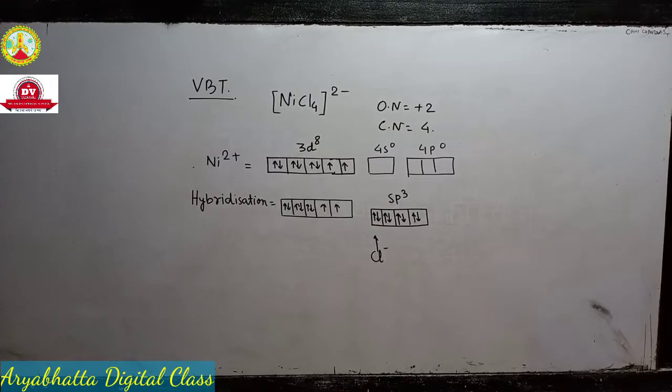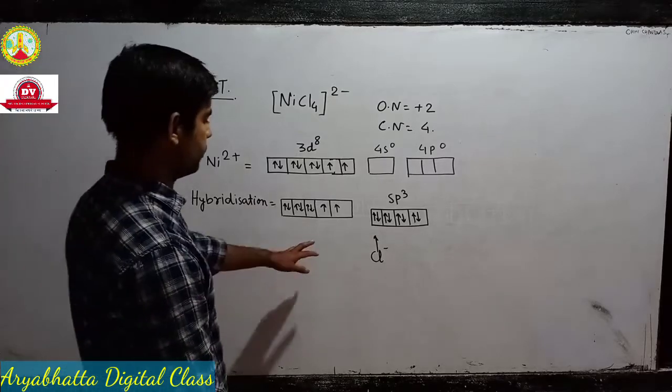Now ask yourself and you'll get to know that this complex is obviously paramagnetic in nature because it has two unpaired electrons.